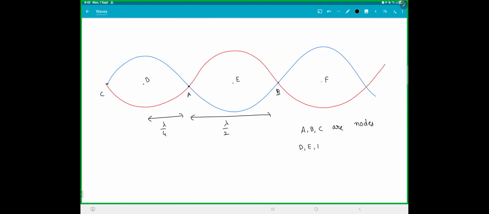D, E, F are antinodes. And distance between a consecutive node and antinode is lambda by 4. Is this clear, everyone?